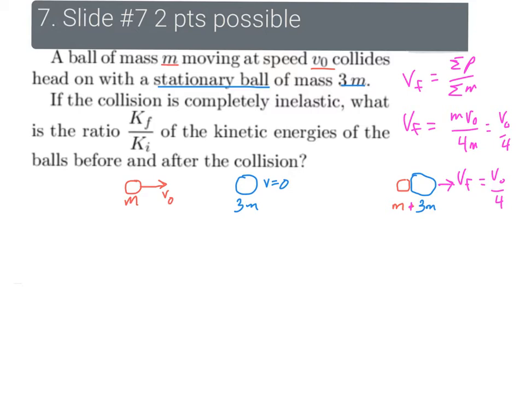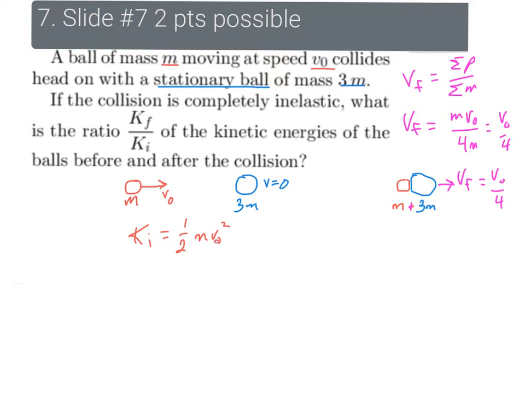Okay, so it wants us to do a ratio of the final kinetic energy to the initial kinetic energy. We know that it's going to lose energy in the collision, so the final should be smaller than the initial. So our fraction should have a smaller numerator, a larger denominator. So if I look at the initial kinetic energy, Ki, that would be 1/2 m v0 squared.